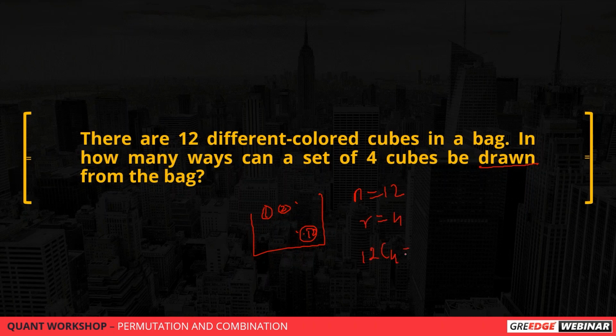It is 12C4. And we know that, so I can directly simplify it as 12 into 11 into 10 into 9 divided by 4 factorial. So this will give you the answer. Okay, 490. So this can be done in 495 ways.